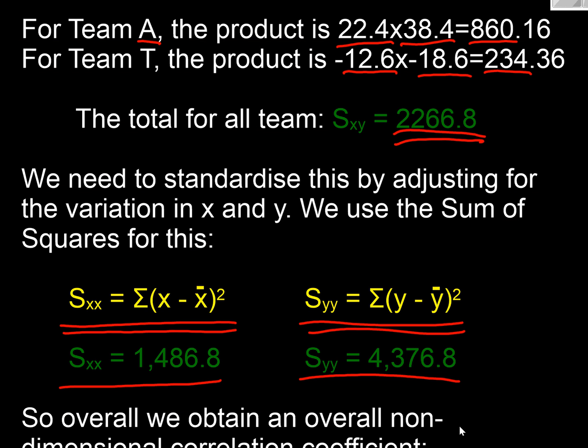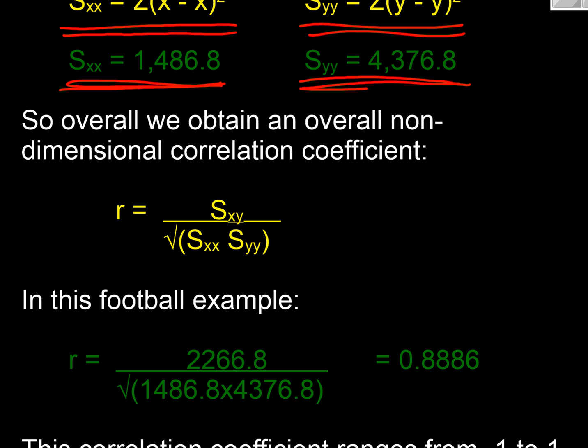This number here is in goals squared, and this number here is in points squared. So we need to get them down to just being goals and points, so we're going to square root them. That's why we're square rooting in the formula, so that we end up with a non-dimensional answer.